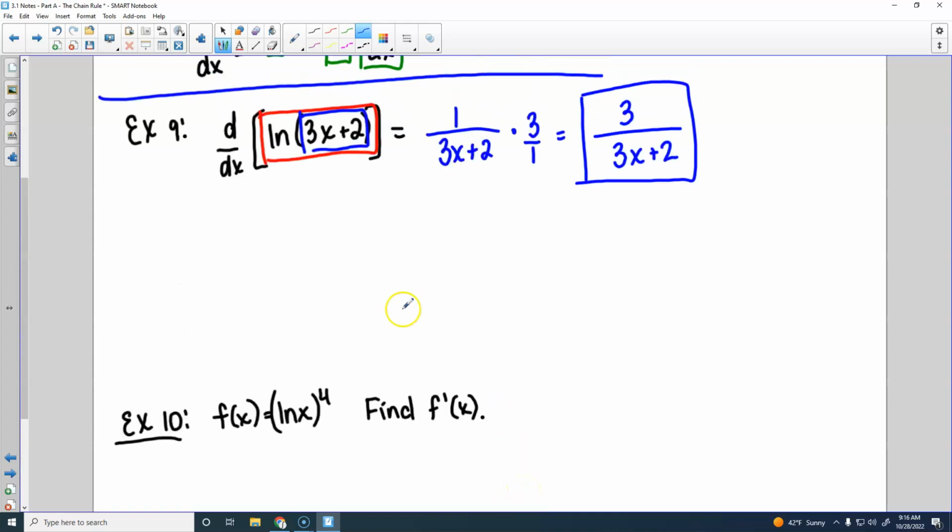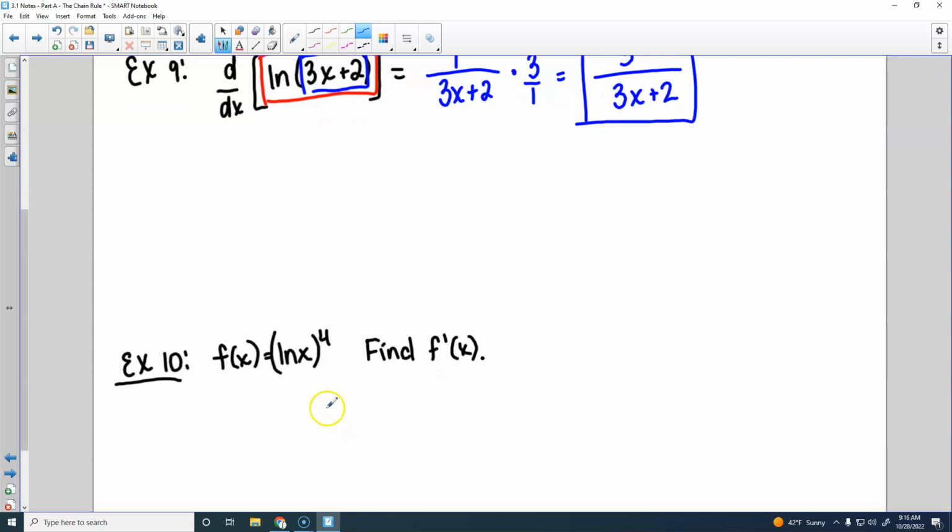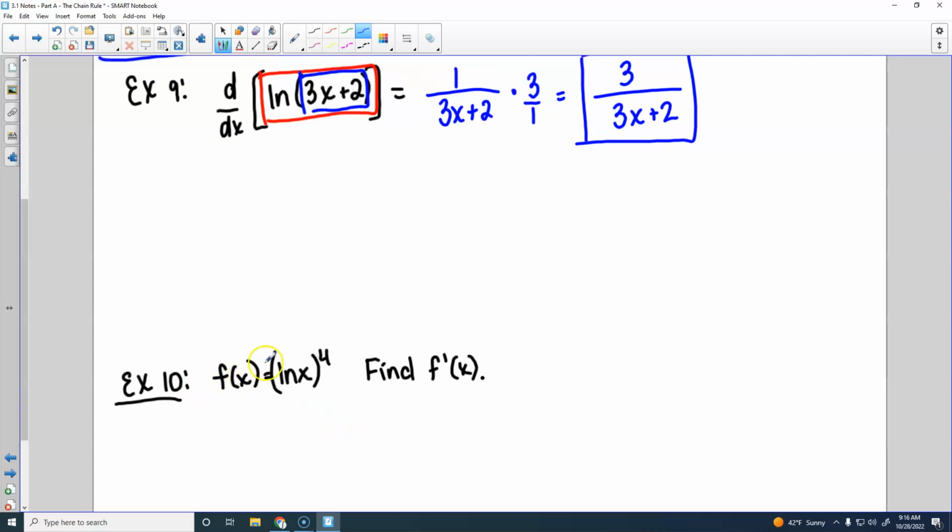Okay. The next question is f of x equals natural log of x to the 4th. So this one's a little bit different.